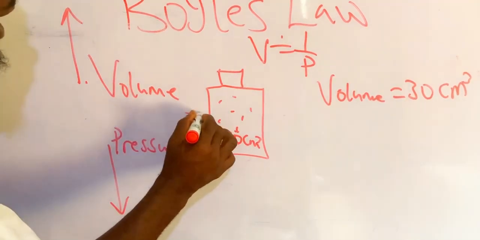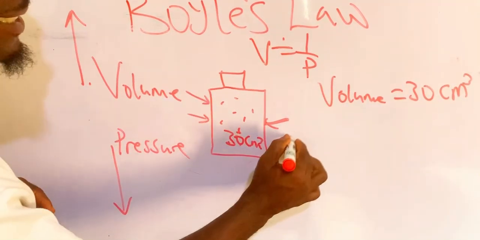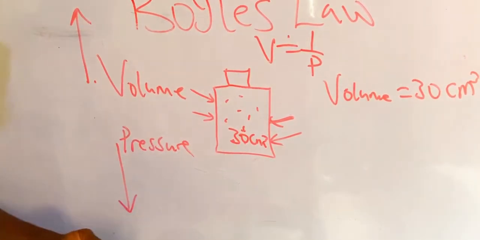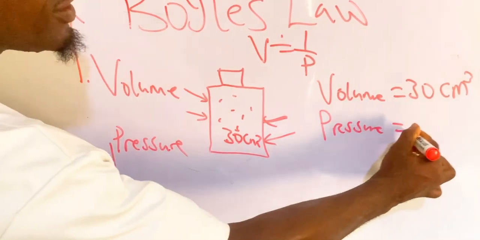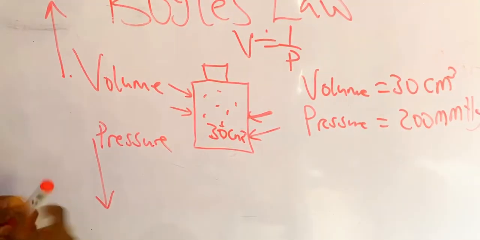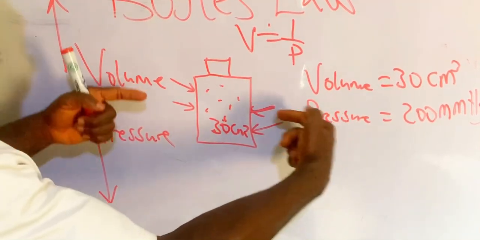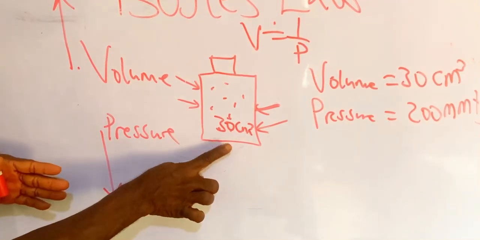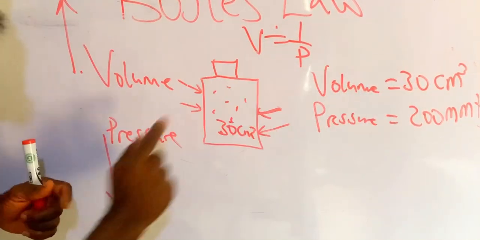When we have air particles or pressure from air hitting the external walls of the container, we can imagine that the pressure at this moment is, let's say, 200 millimeter mercury. So this is the container that has a volume of 30 cm3, and there is external pressure acting on the external walls of this container. And despite this pressure, the volume of this container is 30 cm3.